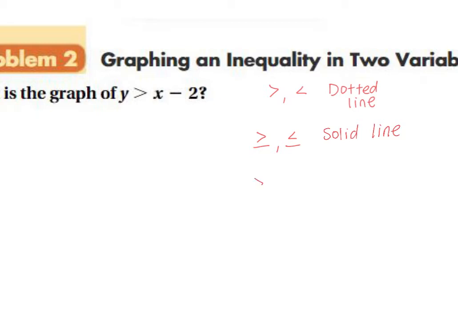If you have a greater than or equal to, that's going to be shaded above. And if you have a less than or equal to, shaded below.